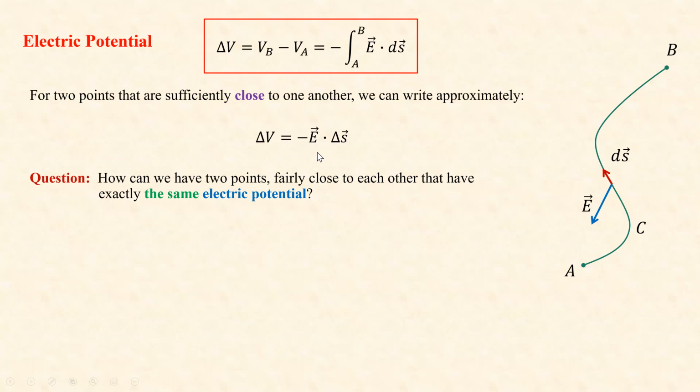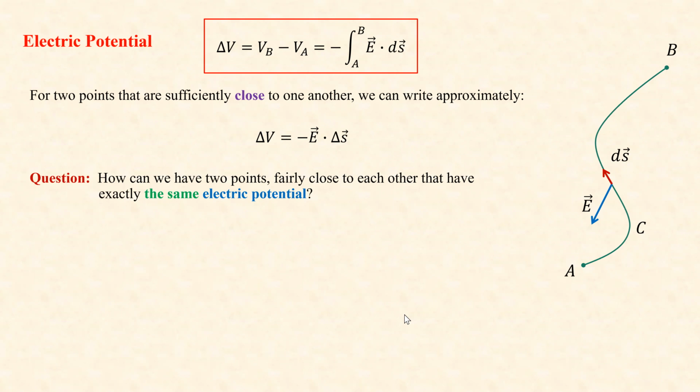But if the electric field is not 0, is it possible to have this quantity 0? E is not 0, delta S is not 0. How can this be 0? You guys don't remember your vector knowledge, dot product. Is it possible to have 2 non-zero vectors and their dot product is 0?